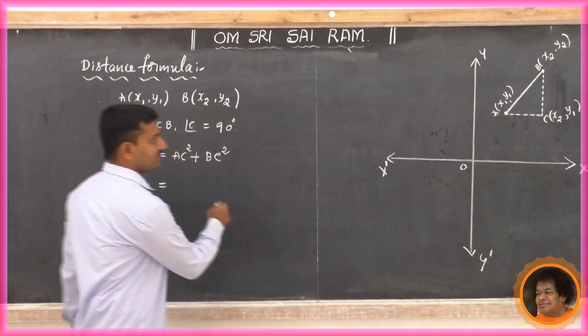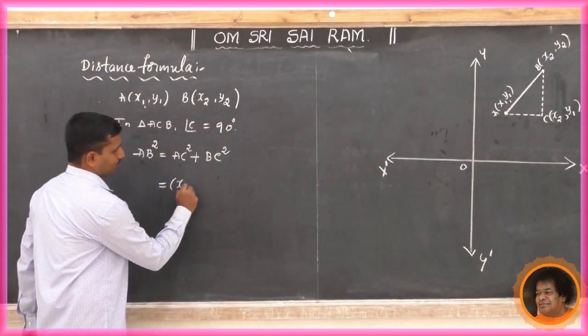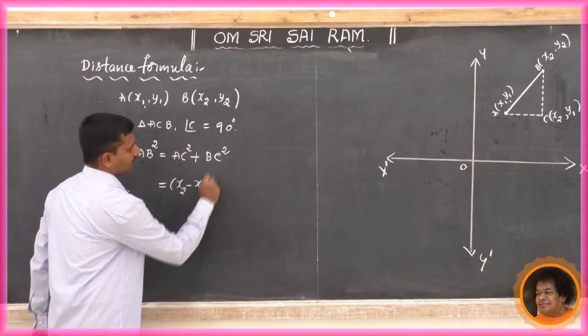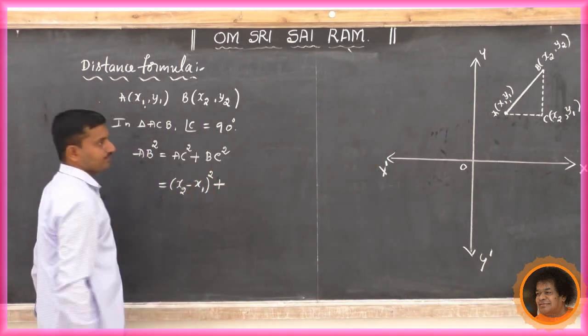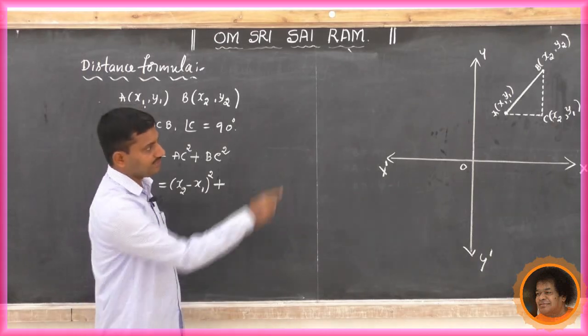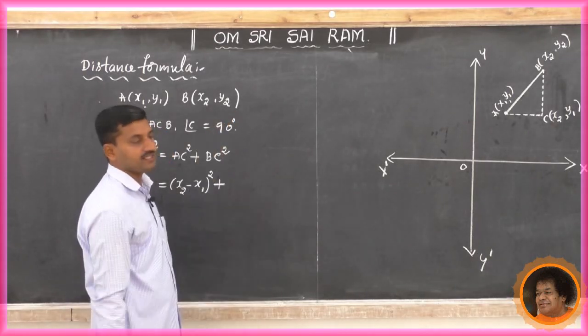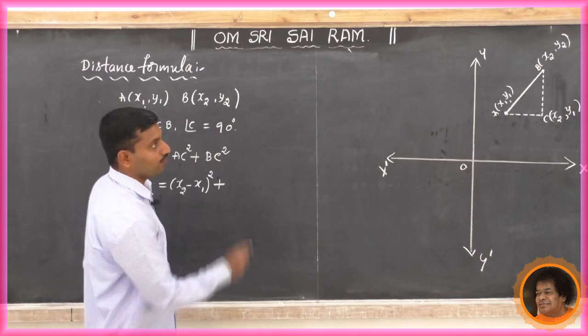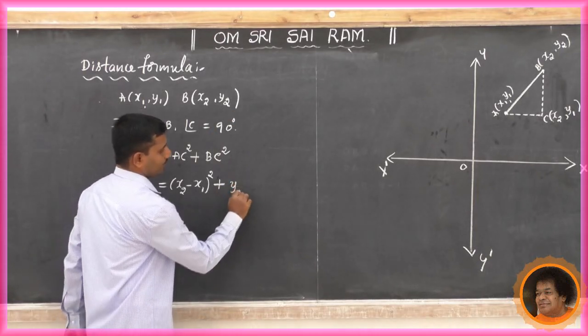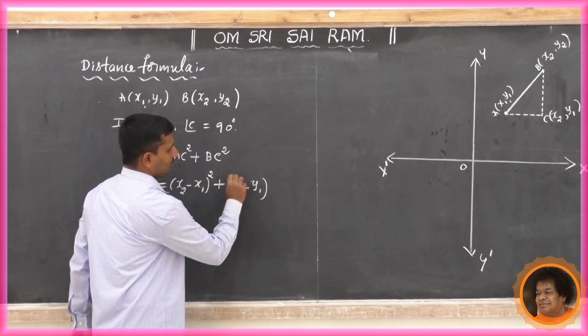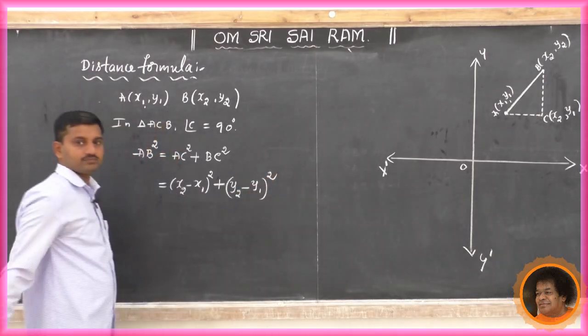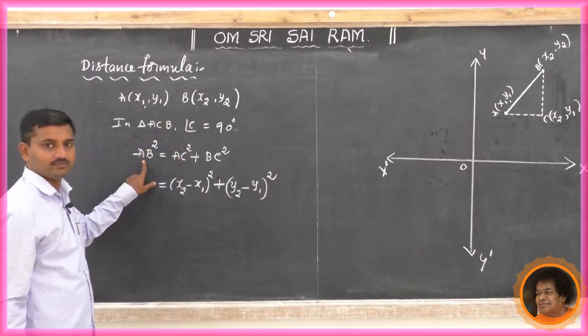So AC is x2 minus x1, whole square, plus BC. BC is from the x-axis to the point B, that is y2, so y2 minus y1 whole square. So this is AB square.